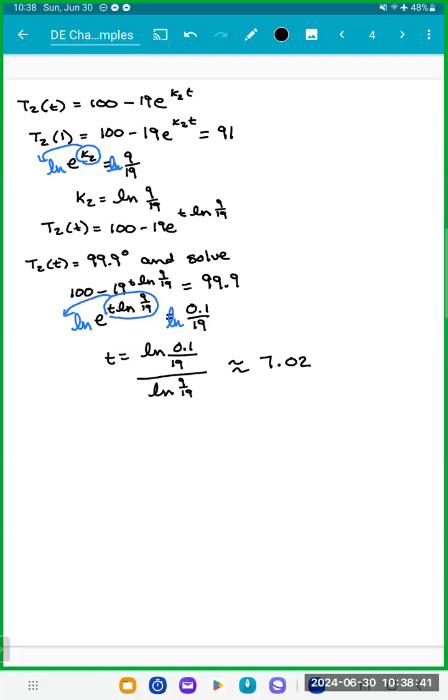Because it's 7.02 minutes in the second container, plus we have to add 2 minutes from the first container, to get a total of 9.02 minutes.